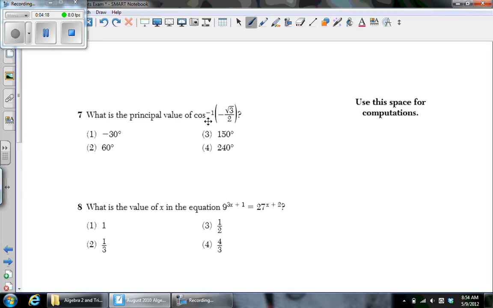Alright, inverse. The negative means that it's quadrant 2 or quadrant 3. So we want the angle that's going to be negative for cosine, so it's quadrant 2, quadrant 3.